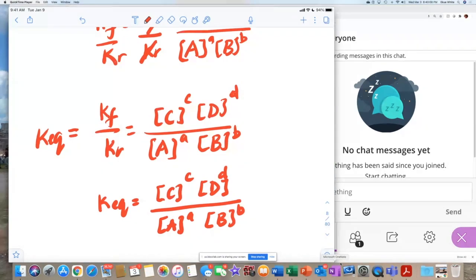So now we can see that technically K equilibrium is related to the k of the rate, the one that we learned before. But since K equilibrium is k forward over k reverse, and remember the k forward and k reverse are referring to the same reaction, whatever units you have here, you would have the same units here.